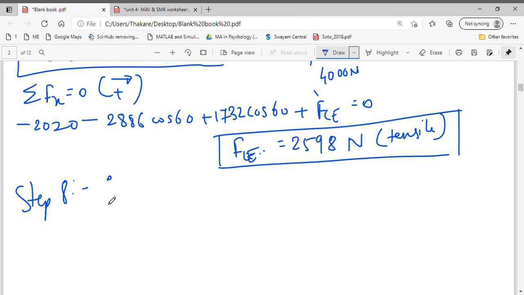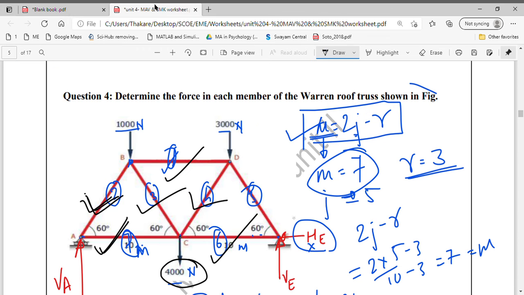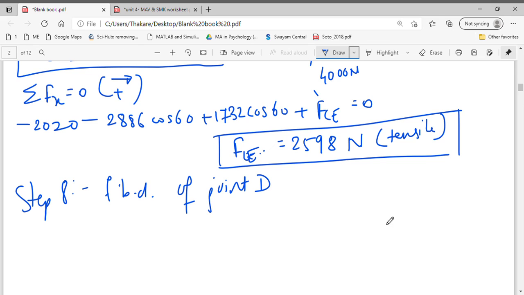We will consider FBD of joint D. On joint D, you have one downward acting force of 3000 newtons, one force BD, one force CD, and one force DE. This is of magnitude 3000 newtons.